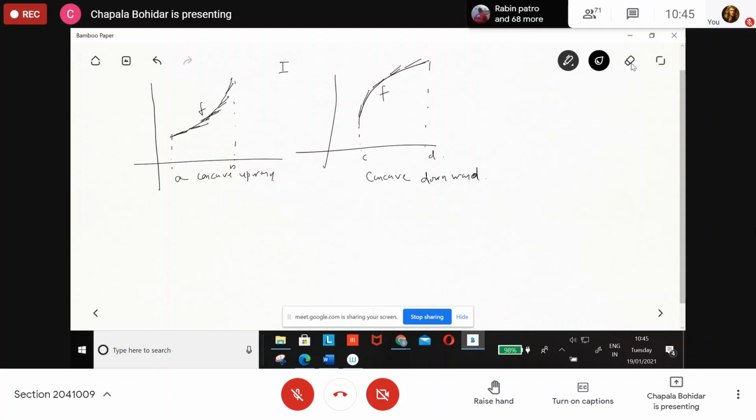Okay. Then the concavity test. Like your increasing decreasing test, here we use the double derivative for the concavity test.